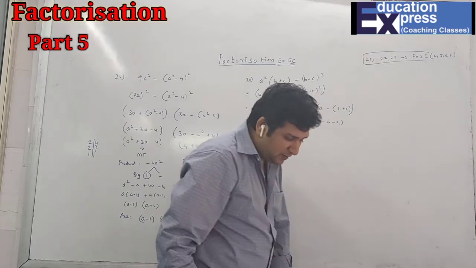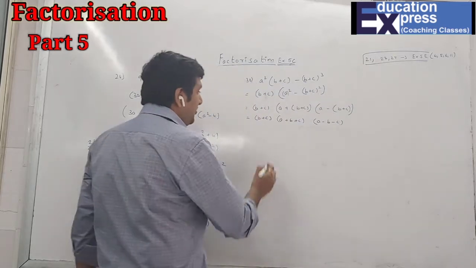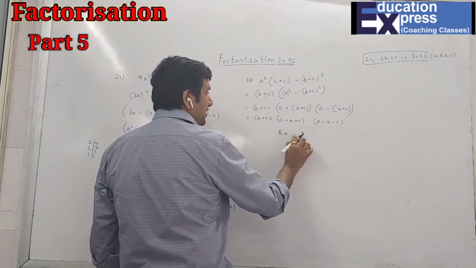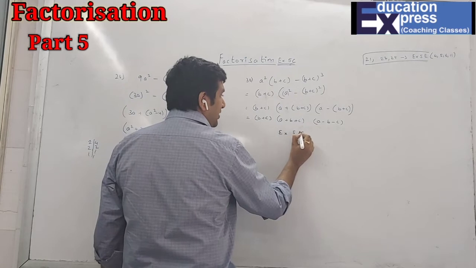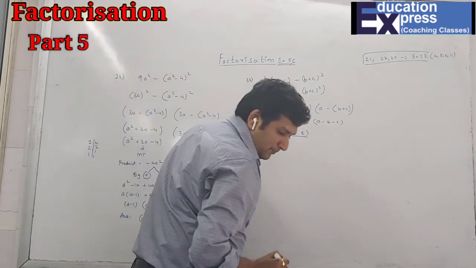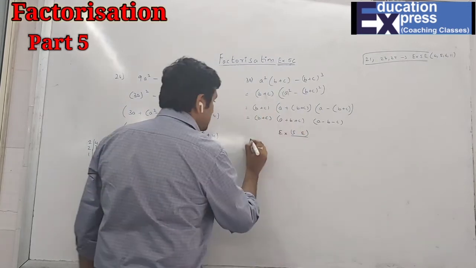So now we'll start with exercise 5E. First sum and the second sum are ditto same, and I have given this concept earlier also. I have told you in the given sum there are 5 terms.